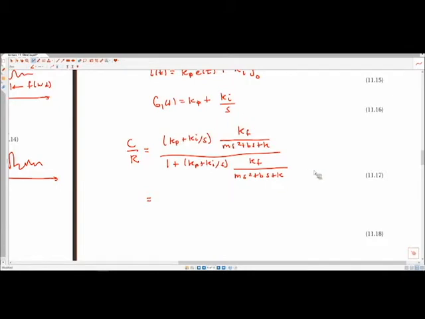Actually, sorry, we're multiplying by something slightly different: s(ms squared plus bs plus k). Okay, so numerator, see that we've added a 0 compared to proportional.